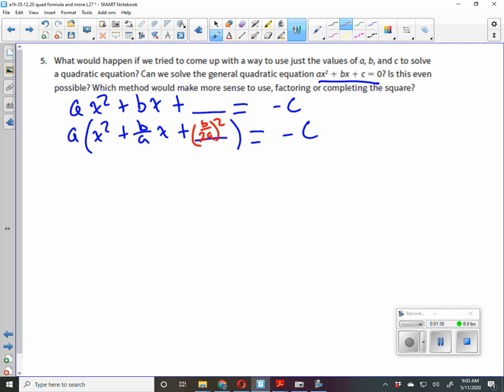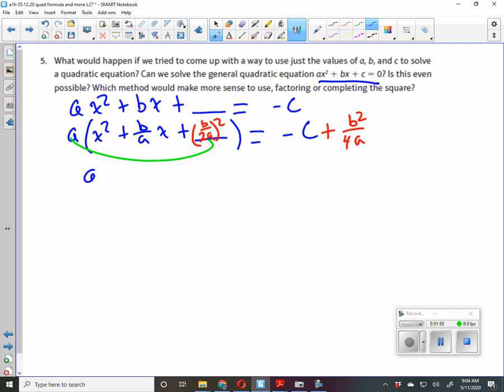So we're going to add plus b squared over 4, and there's only one a because it canceled when you multiplied that.